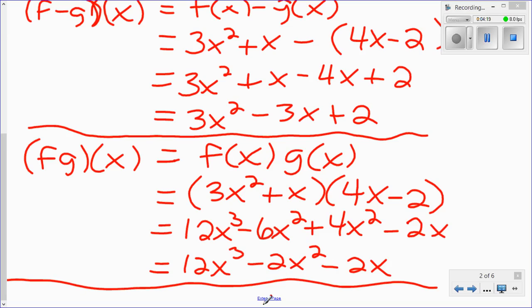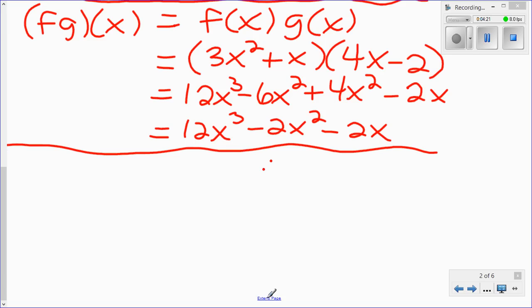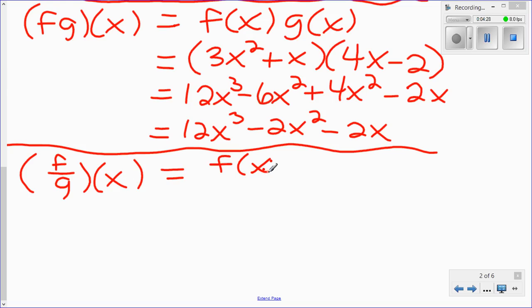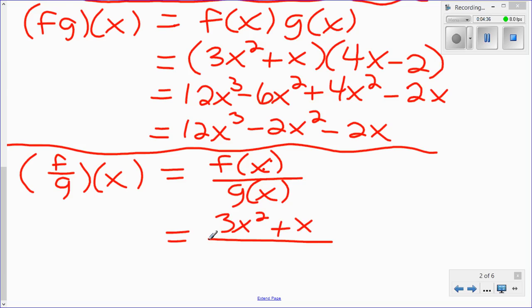All right, let's look at the last one. F divided by g of x, remember, is equal to f of x divided by g of x. So again, f of x is 3x squared plus x, divided by 4x minus 2.